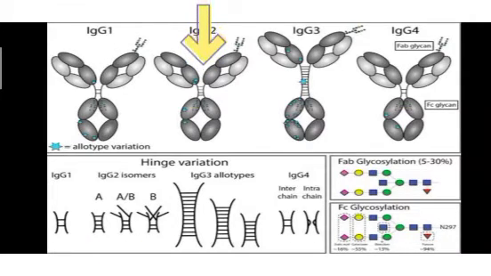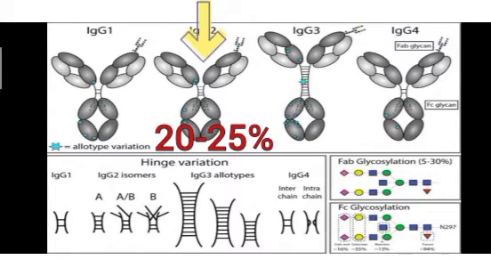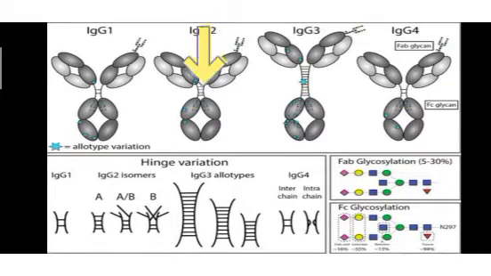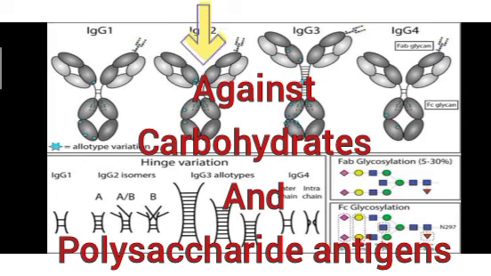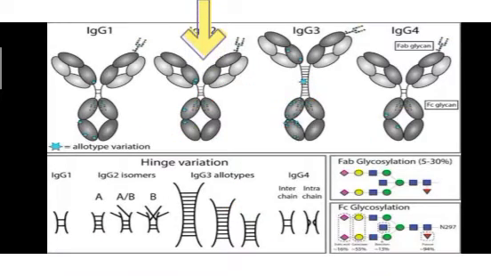IgG2, the second largest of the immunoglobulin G isotypes, comprises 20 to 25% of the main subclasses and is the prevalent immune response against carbohydrate or polysaccharide antigens. Adult concentrations are usually reached by 6 or 7 years old. Among all IgG isotype deficiencies, a deficiency in IgG2 is the most common and is associated with recurring airway or respiratory infections in infants.